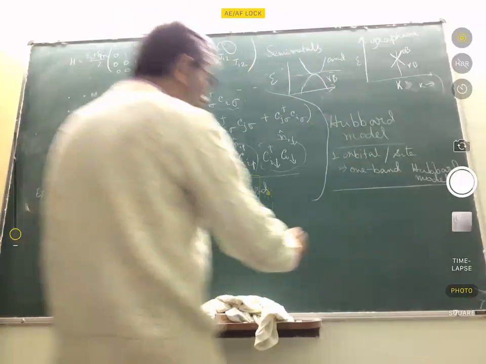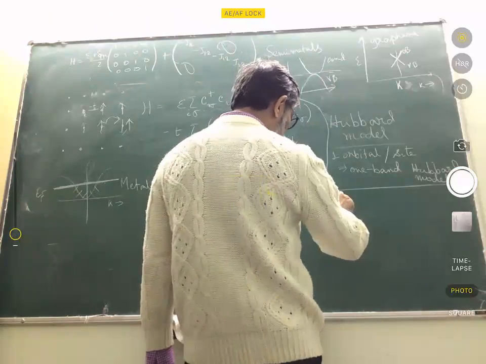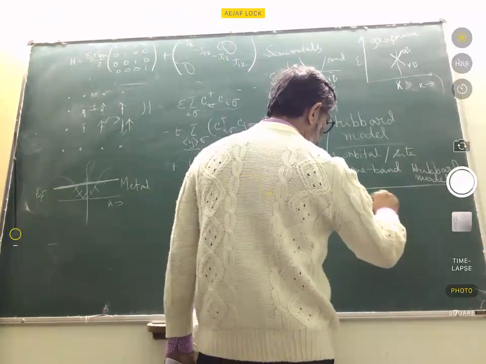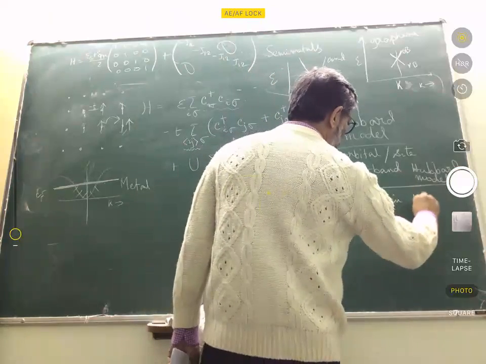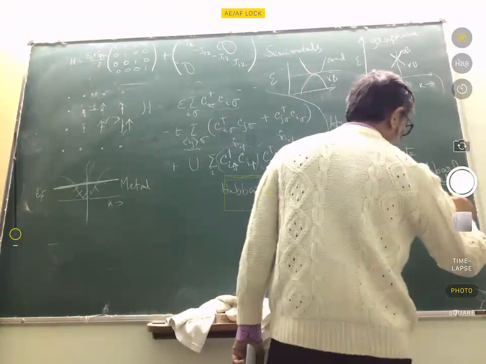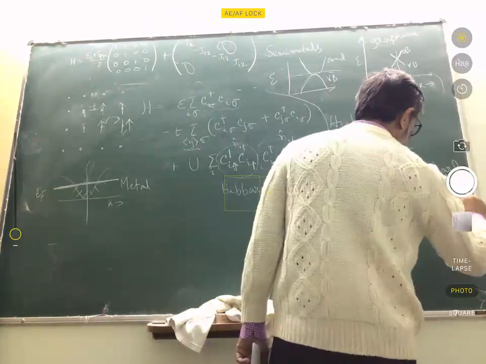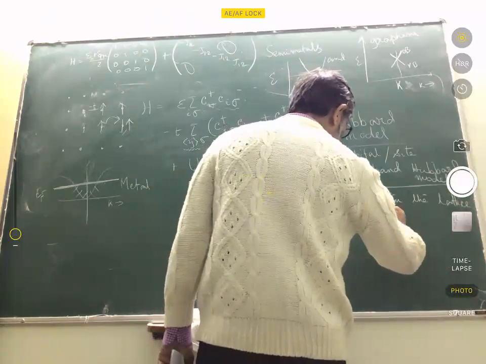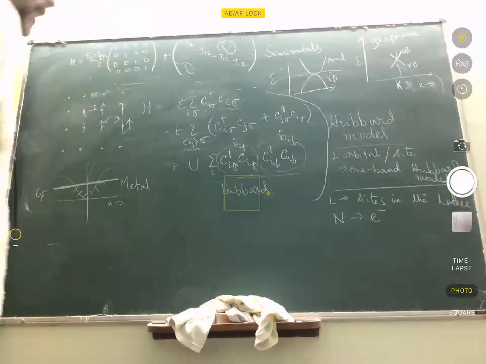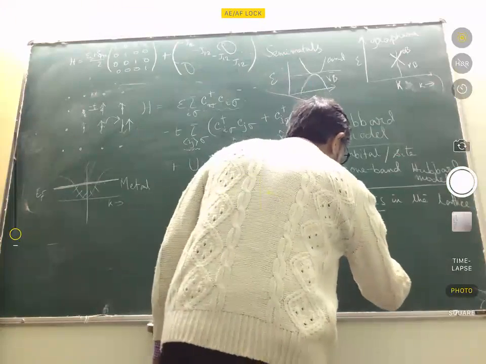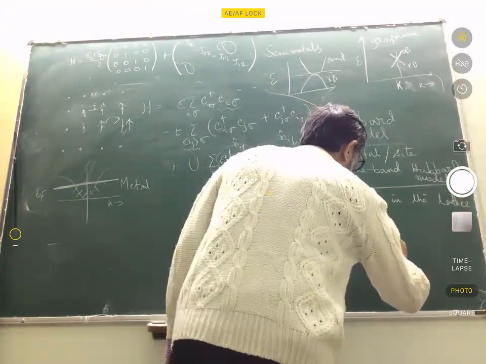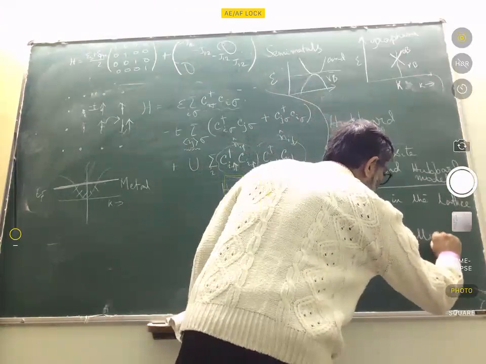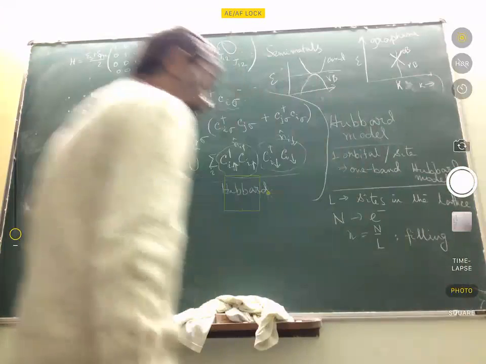In fact, say I have L sites in the lattice or in the crystal, whatever, and if I have n electrons, then the small n is called the filling of the model.